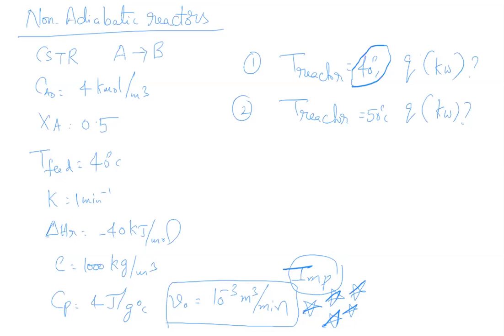So let's start writing the energy balance. Here basis is important. You can't say that basis doesn't matter here. So what is given is 10 power minus 3 meter cube per minute. So this will translate to how many kg per minute? Into 1000, so this will be 1 kg per minute, into density.